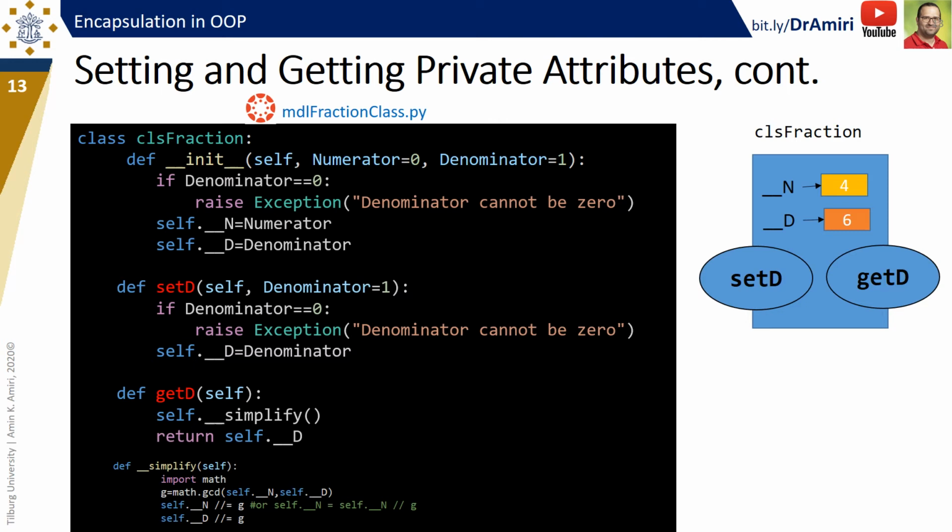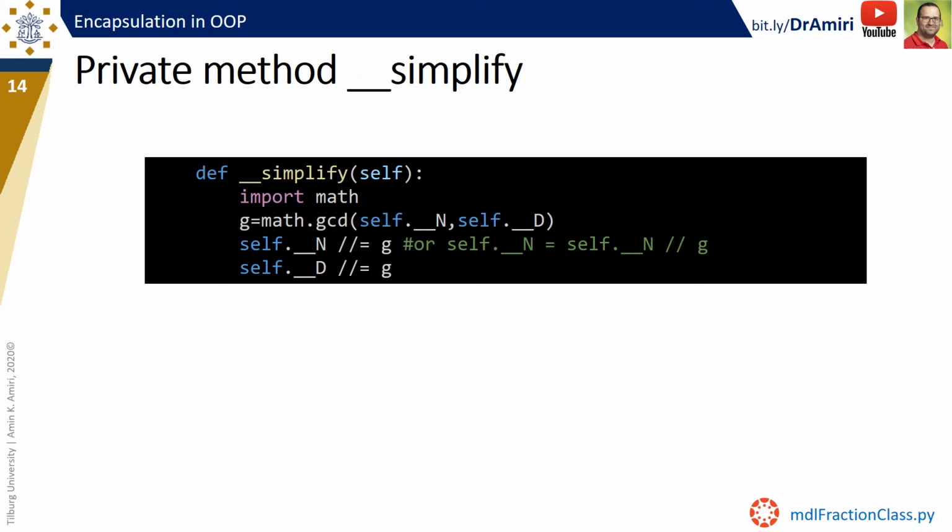So I have made simplify a private method because the user does not need to know about this method. Let me emphasize one thing that we already learned about in the previous lectures here. You can see that the private simplify function only gets one parameter, which is self, and you don't see that it gets two variables for the numerator and the denominator of the fraction.